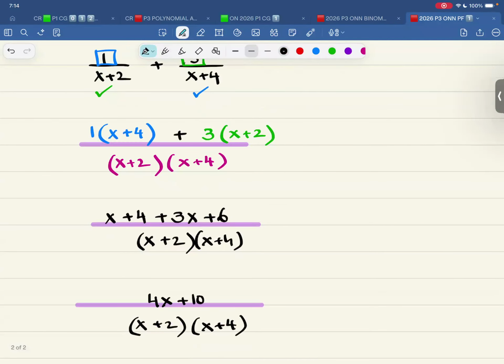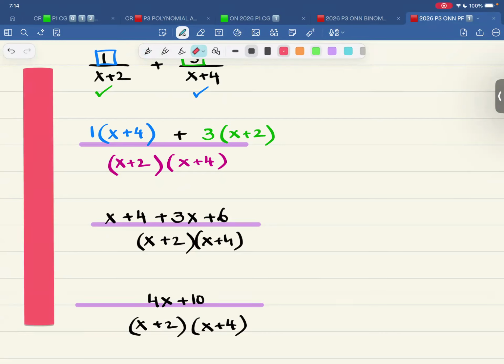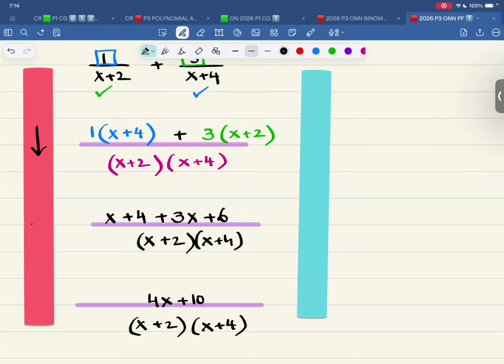So now this method over here, versus the strip that I'm writing over here. What is the difference if I go this way? This is O-level maths. This is IGCSE maths. This is basic maths.